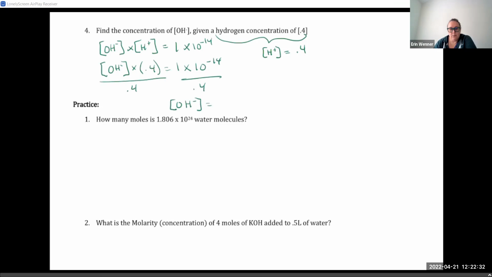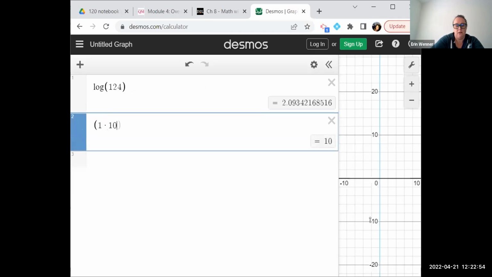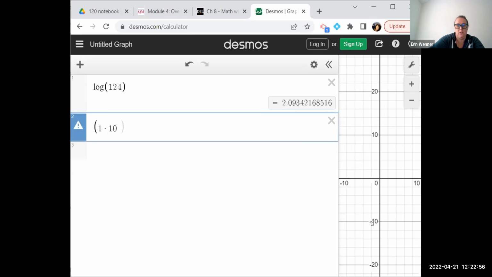So in order to solve this, we would plug this into our calculator. If you're thinking about, well, how do I plug that in? If we look at Desmos, we can do as our numerator 1 times 10 to the, and to get it, do you see how it popped up?